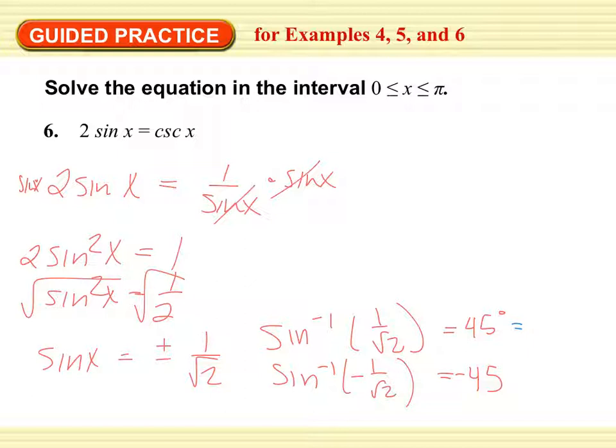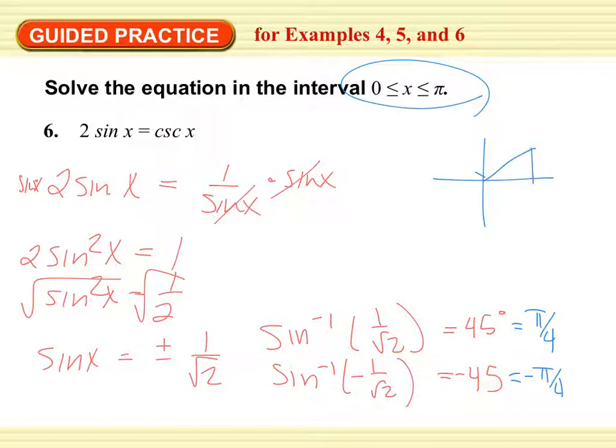So here we have our answers. It's the same as pi over 4 and negative pi over 4. I have to be in that interval though. So pi over 4 is 45 degrees. So this one is pi over 4, and then this one over here is 3 pi over 4. So those are my two answers.